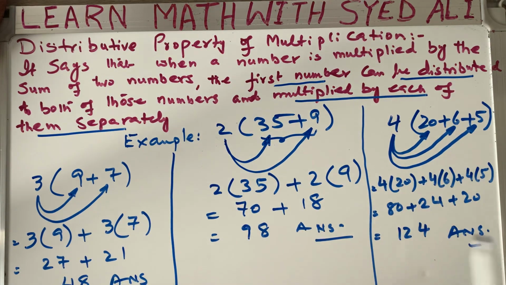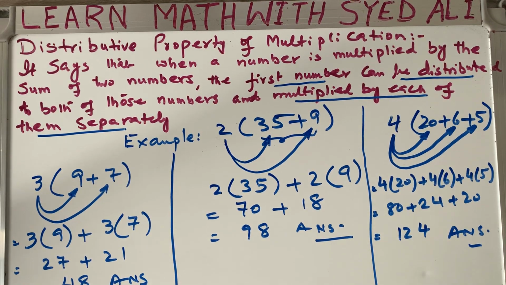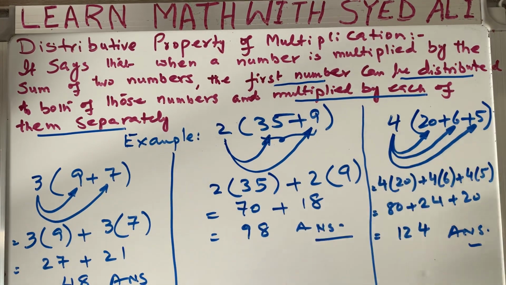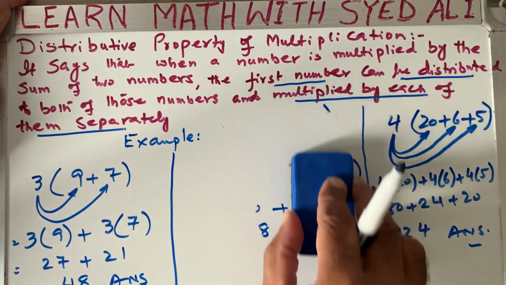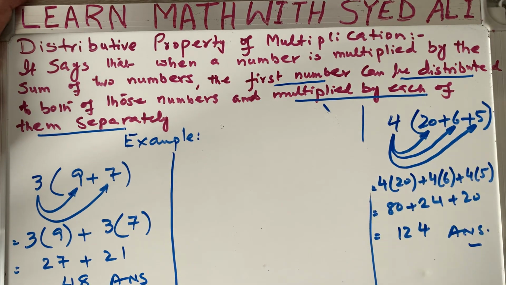We did this in all three examples. So remember, whenever there is a sum of two numbers, three numbers, four numbers, whatever it is, and this was a mathematical expression, it could also be an algebraic expression. It will hold good for both of them.